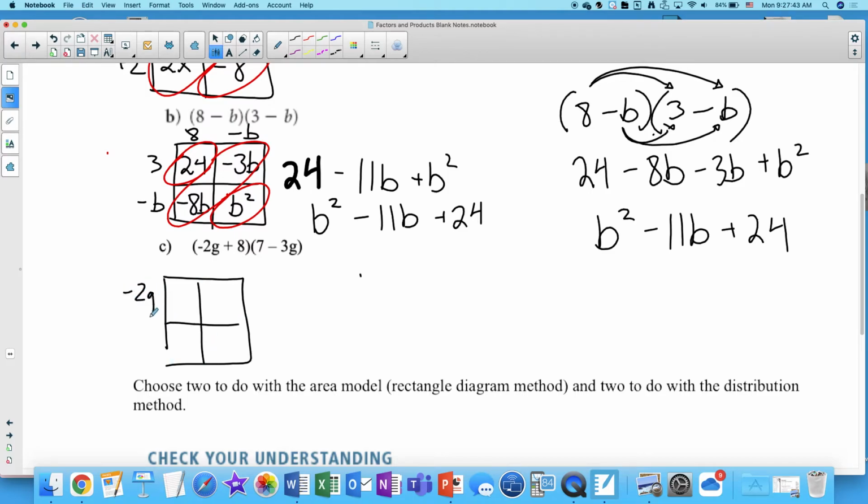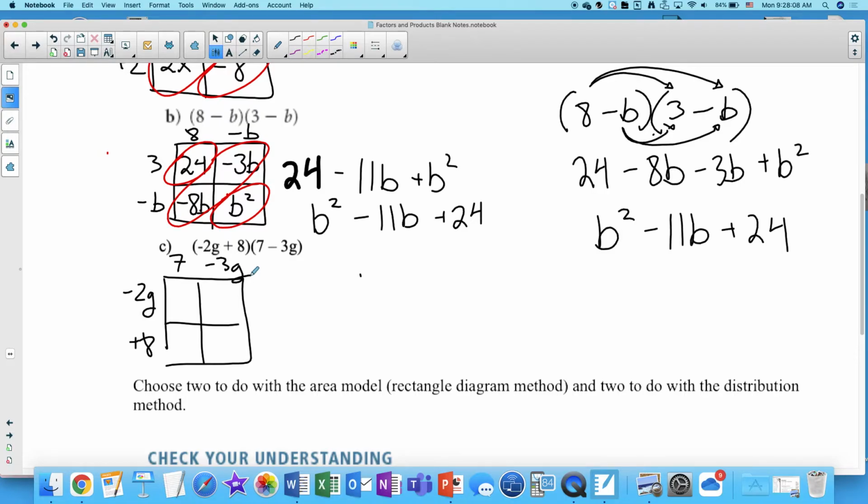The like terms are not going to line up along the diagonal here. Does anyone know why? Just before we even start? Yeah? Because in each of the factors, the variable term and the coefficient have kind of swapped places, right?